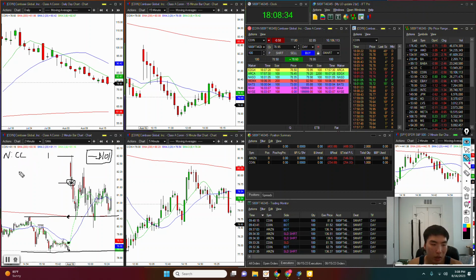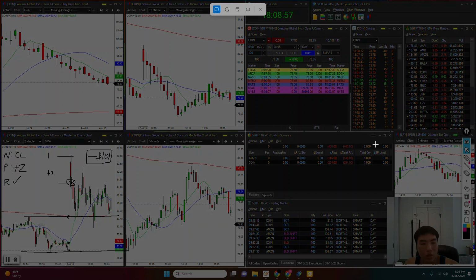Red takes out green. Position. +2 position. Above the Fab 4. Risk is questionable, but I managed to get the risk around my max loss with some slippage and whatnot. So let's get this into the journal.